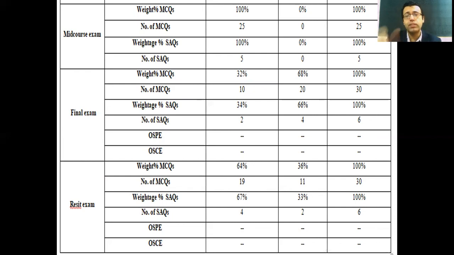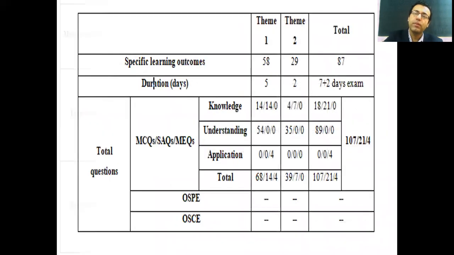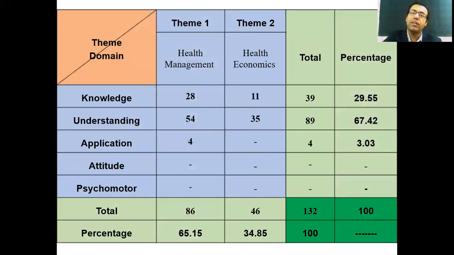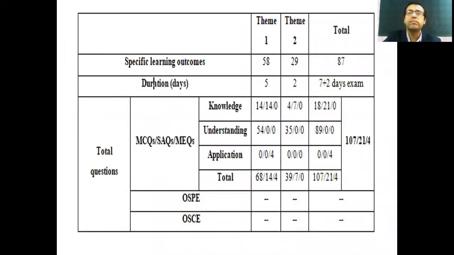Please remember this, why we give theme 1 much more weightage in the reset exam. Please remember: specific learning outcomes of theme 1, 58. Specific learning outcomes of theme 2, 29. Okay?